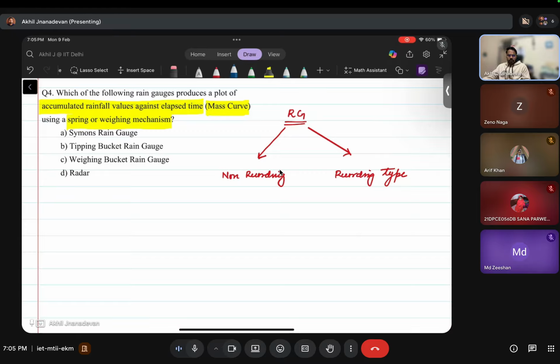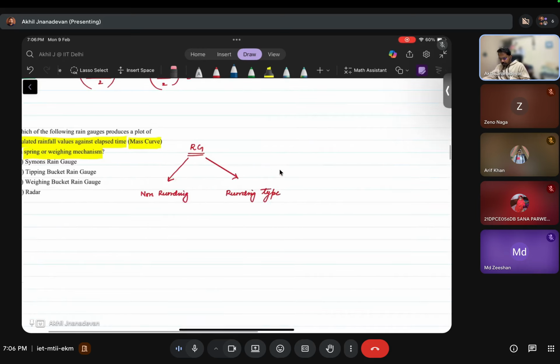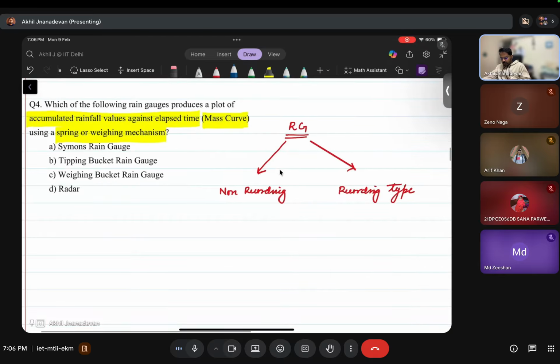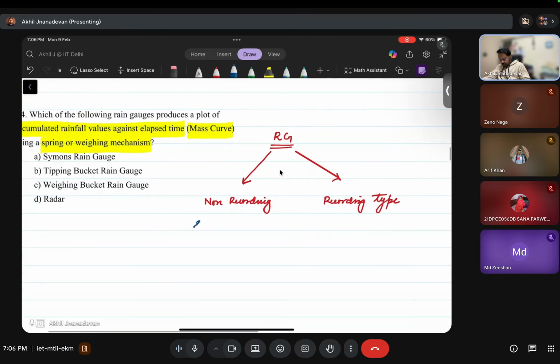You may be familiar with IMD, right? Indian Meteorological Department. There are a lot of stations covering the entire India, right? And these stations were made majority of non-recording type earlier. Now they have been replaced by recording type. The best example of the rain gauge they were using earlier is the Symons rain gauge.